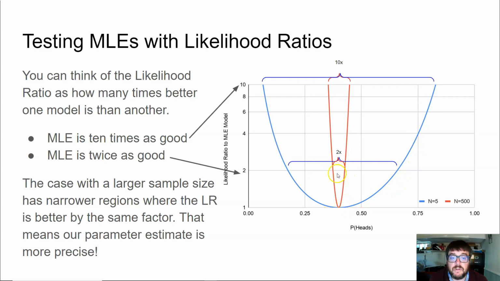But that double likelihood is closer, maybe like 0.42, when you have more data. Anyway, there's a narrow range where the likelihood is twice as good, or 10 times as good.